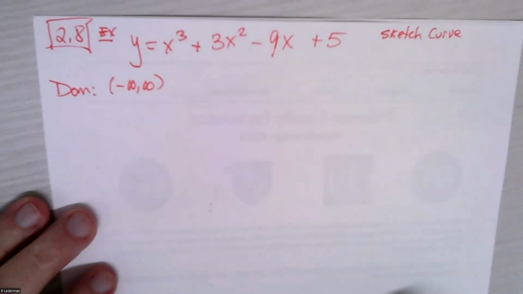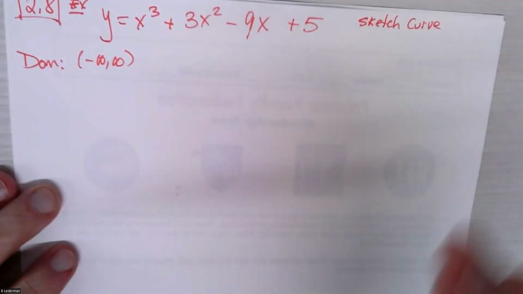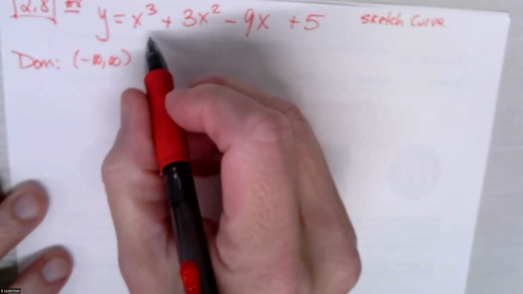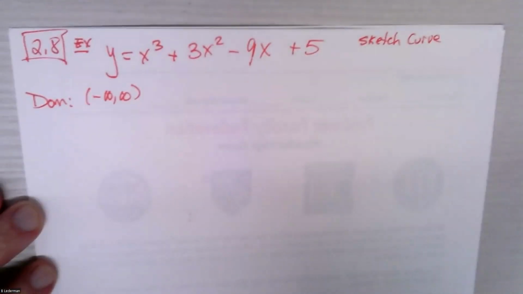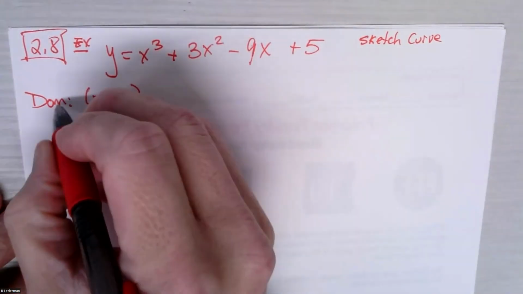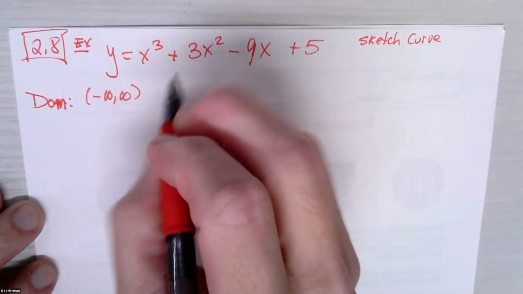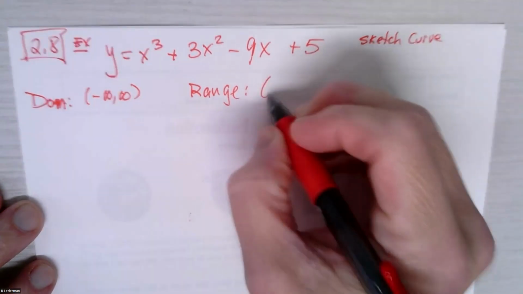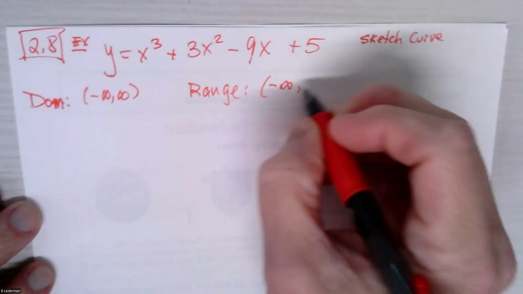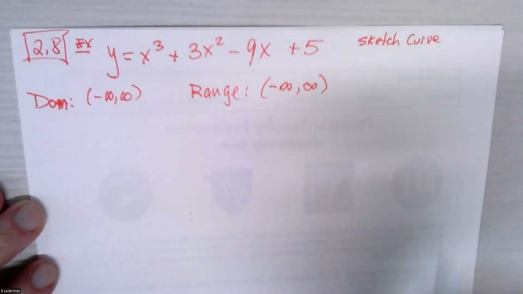And since it is a third degree, an odd degree, the range is also going to be all real numbers, negative infinity to positive infinity. And that's domain and range.